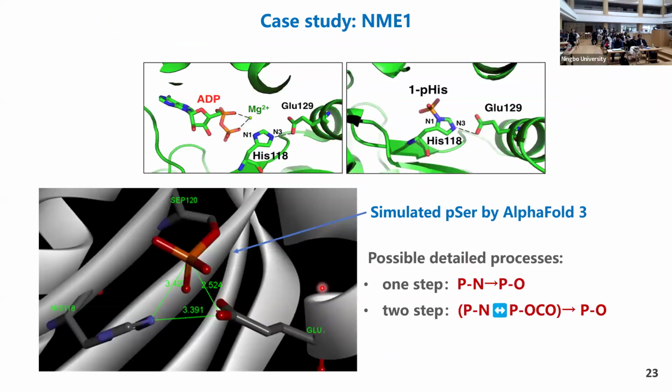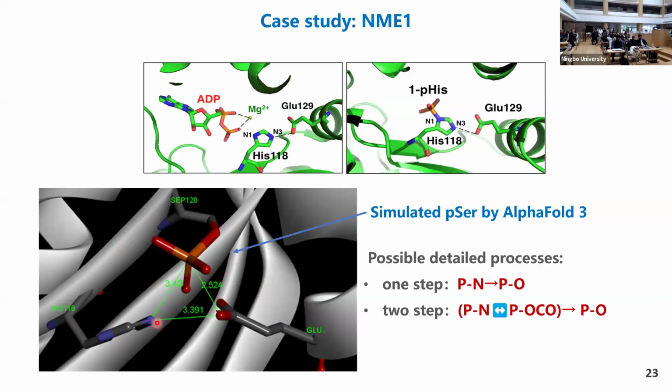And here AlphaFold 3 is a useful tool for us to find the mystery of this kinase, okay? We simulated the kinase with a phosphorylated serine, and very interestingly, nearby it there are a histidine and a carboxyl group, glutamine.